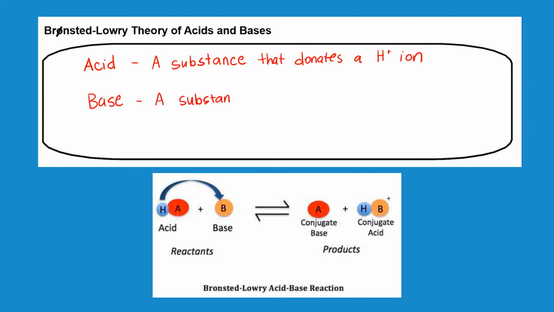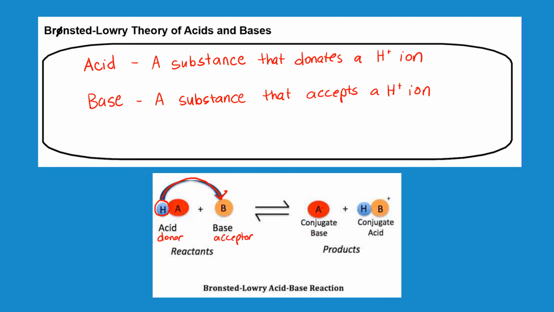And we'll see how this works in a second. So you can see the acid-base reaction down here at the bottom. Here we've got the hydrogen ion, and you can see that that hydrogen ion is going from the acid to the base. So here's the donor, and here's the acceptor.